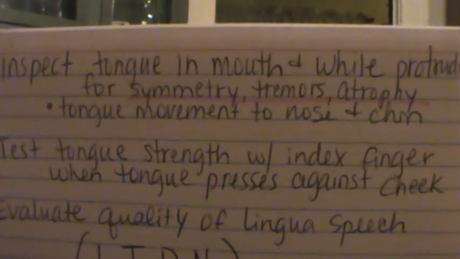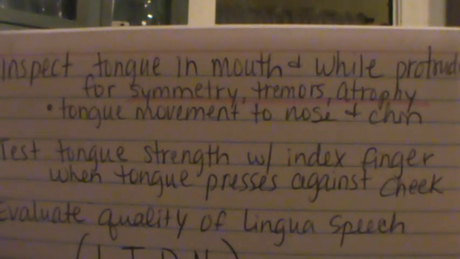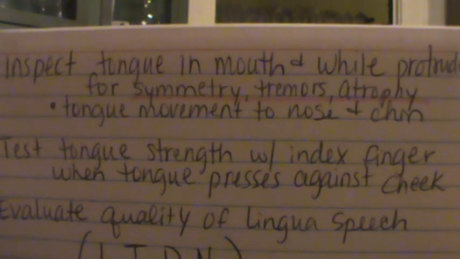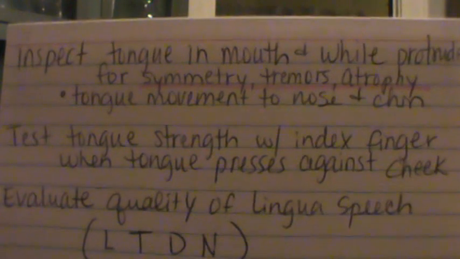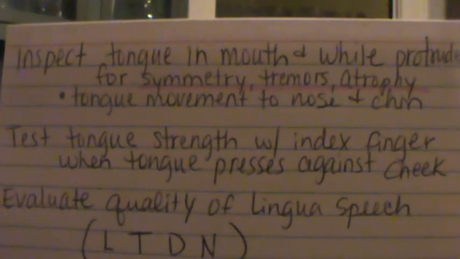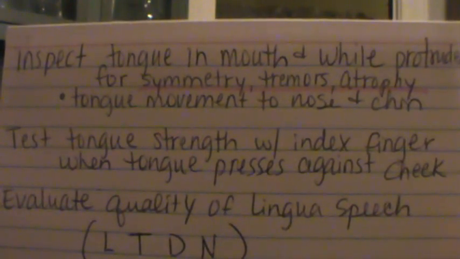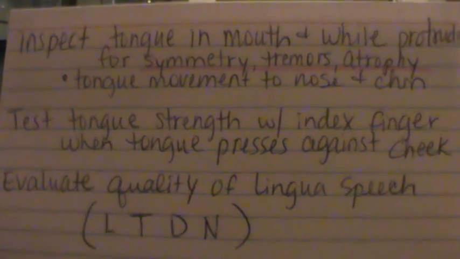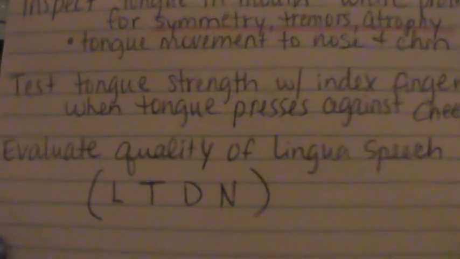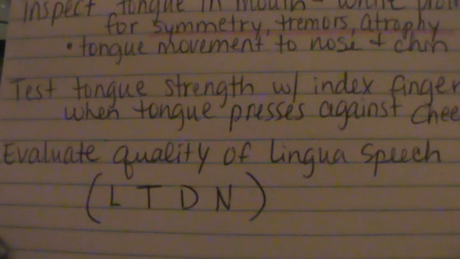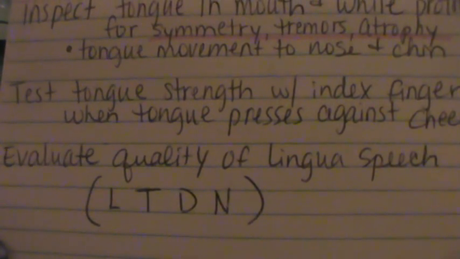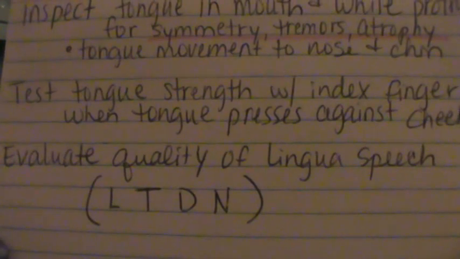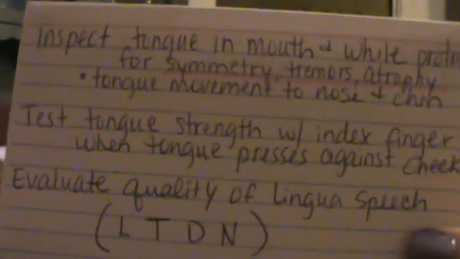The tongue movement to the nose and chin is also inspected. We want to test the tongue strength with our index finger when the tongue presses against the patient's cheek inside the mouth. And then we want to evaluate the quality of lingual speech, and that includes L sounds, T, D, and N sounds.